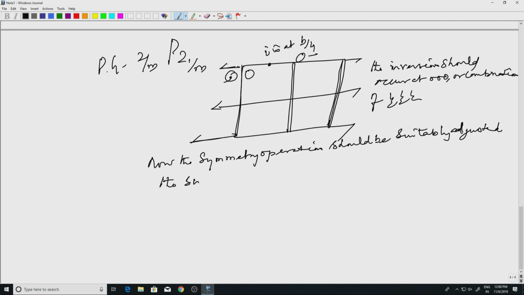The screw takes it by half unit in the B axis.